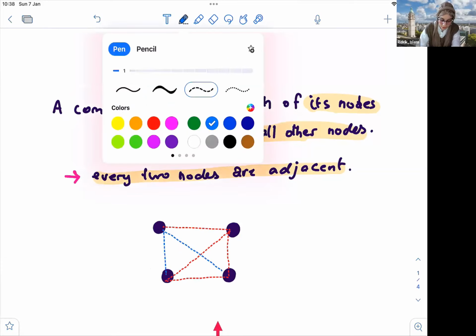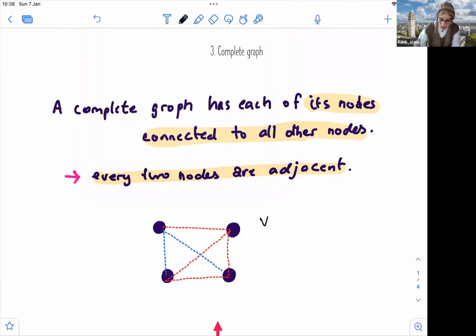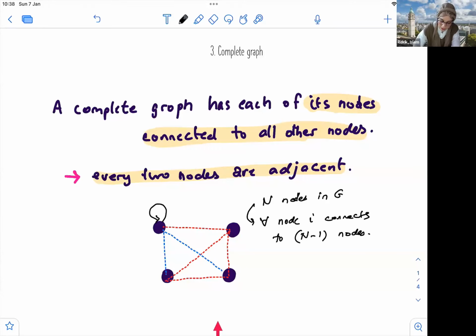And this one too. So basically, if we have n nodes in G, then each node i connects to n-1 nodes if we exclude self-connection. But if we add self-connection, so the graph is not simple anymore, then it becomes n nodes, including self-connection.